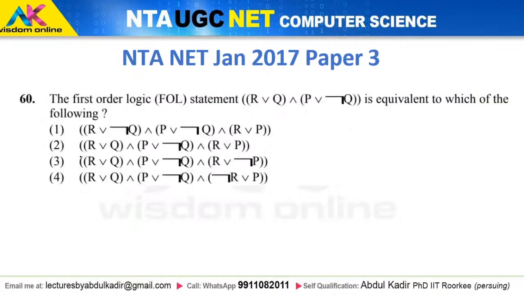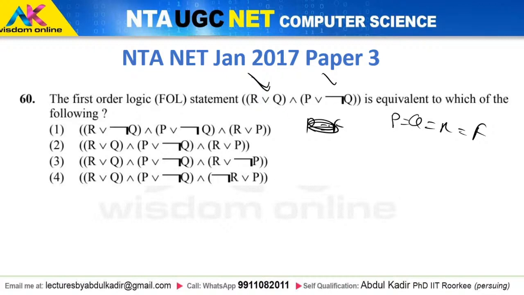Okay, let's see this question. In this question, basically the best method will be to eliminate options. Let's take some values. For example, let's take everyone false: p false, q false, r false. Then this is false and this is true, because this q dash will become true.